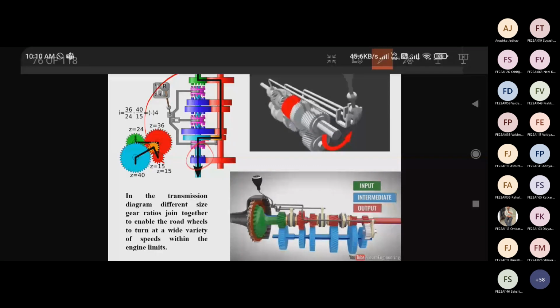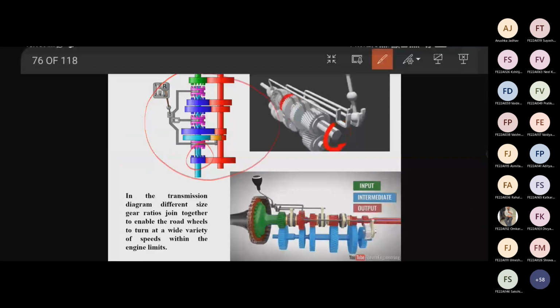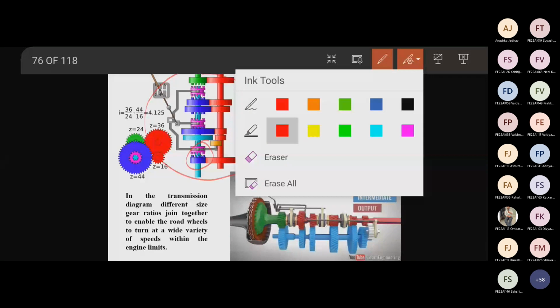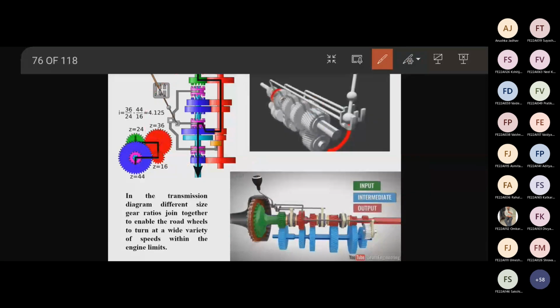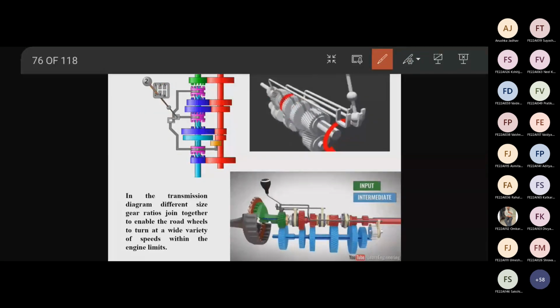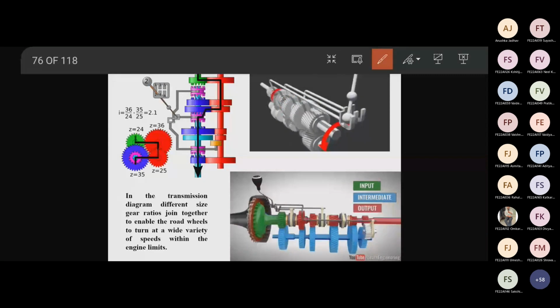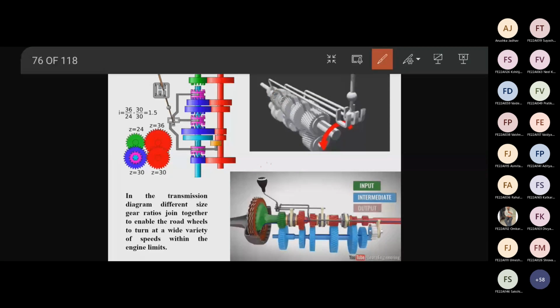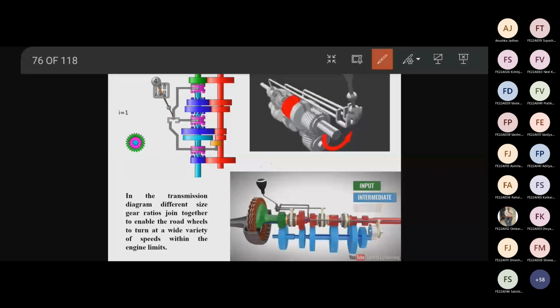You just focus on this figure, how gears are changing. You can observe all the gears.